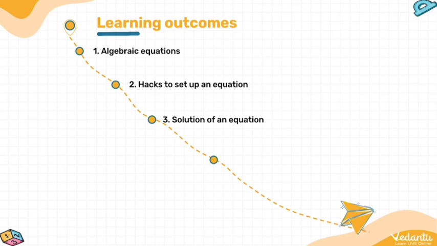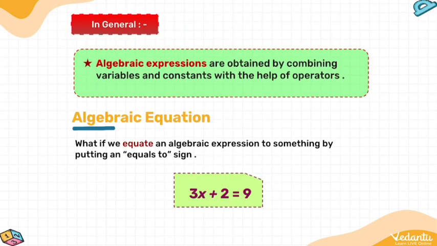So here, let's first understand algebraic expression. Before understanding an algebraic equation, let us understand an algebraic expression. Algebraic expressions are obtained by combining variables and constants with the help of some operators. We are using operators like the plus sign and the negative sign.